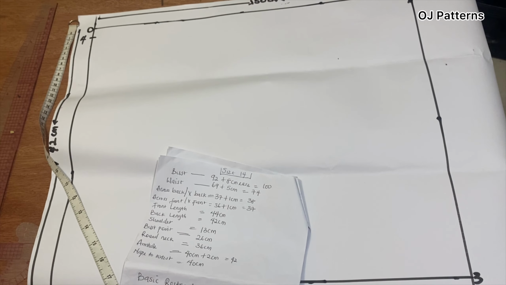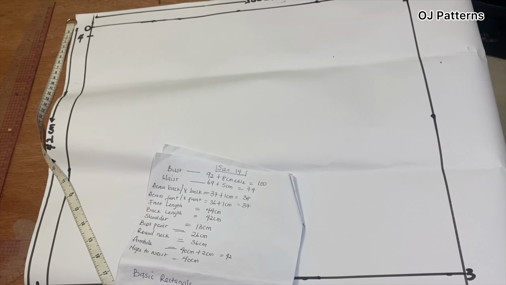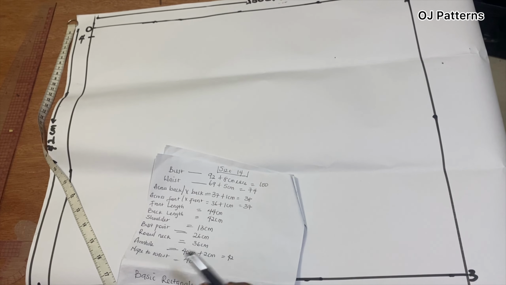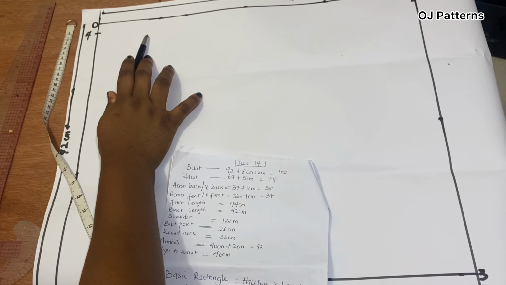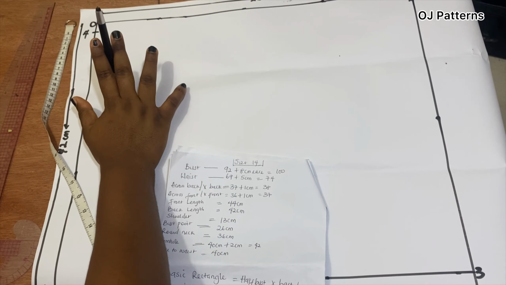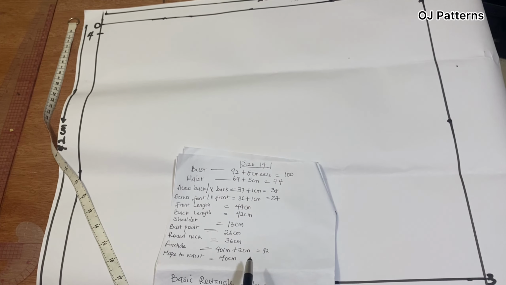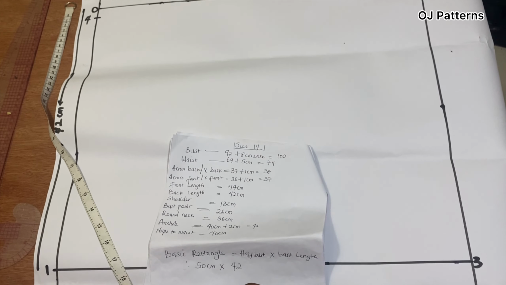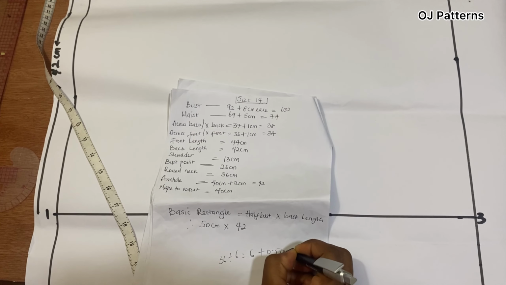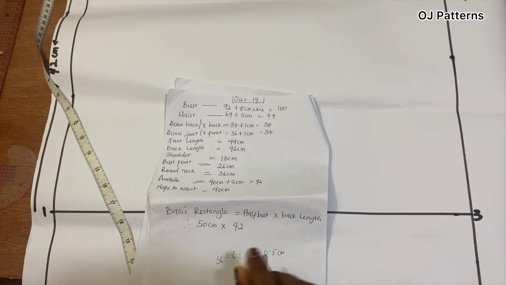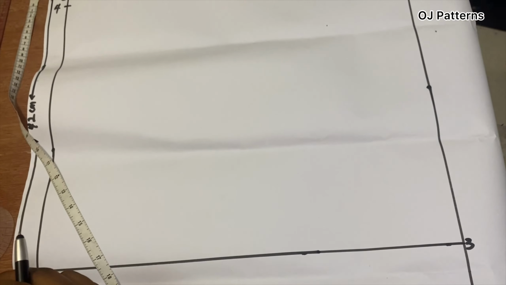So 36 divided by 6 is 6. Now we're trying to get a measurement in, and it says round neck divided by 6 plus 0.5. 36 divided by 6 equals 6, plus 0.5 cm. So that will be 6.5 cm in total. That's what we're using. So from point 4, I will mark 6.5 cm in.